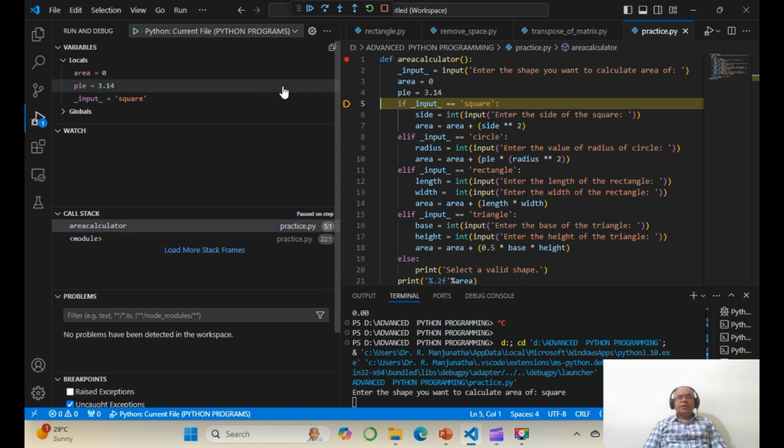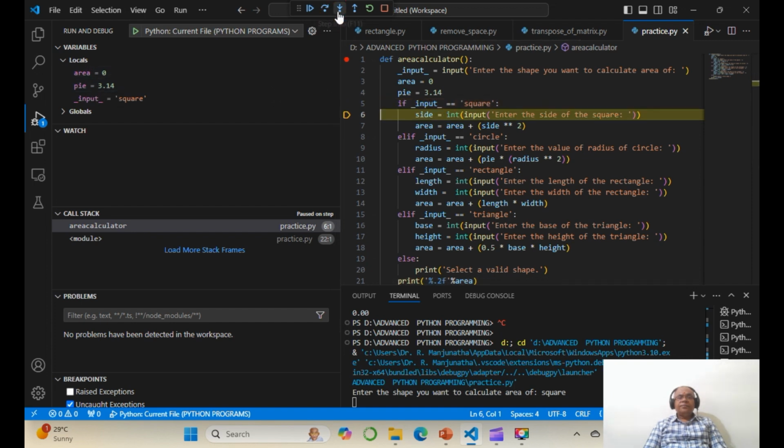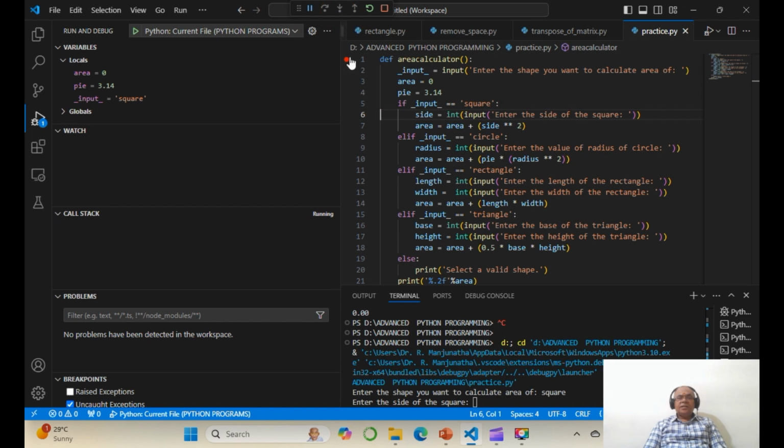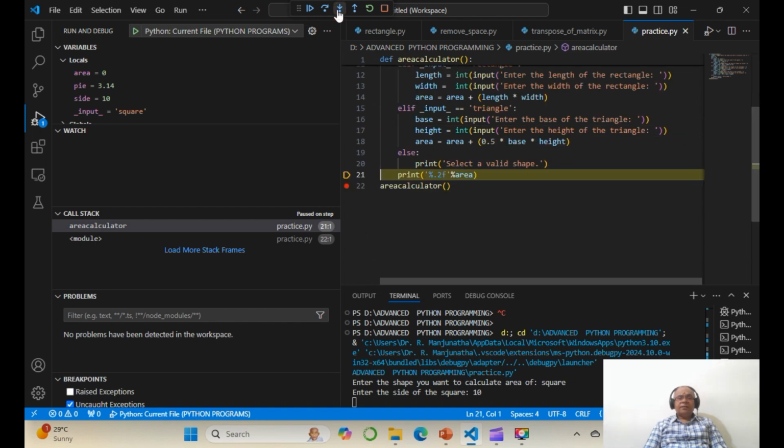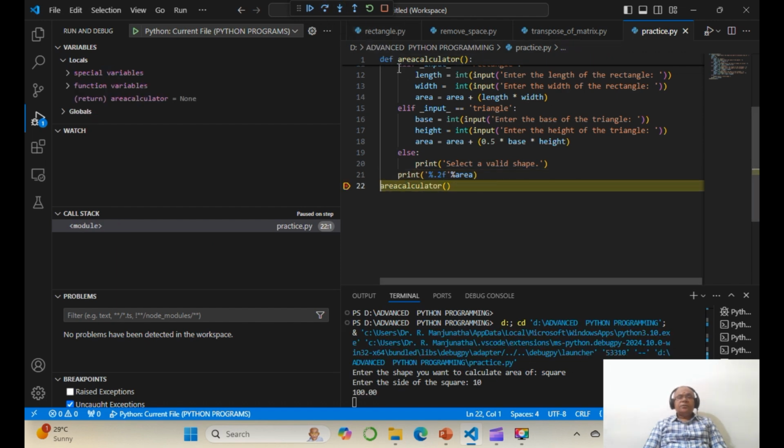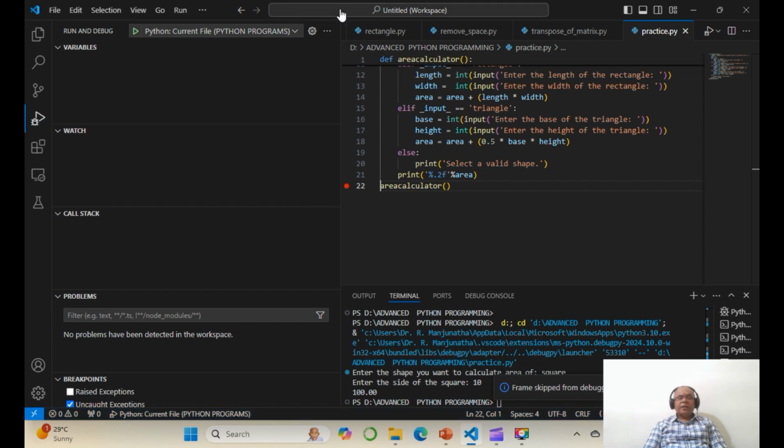Then input, enter the side of the square. Whatever you give, say 10. Area is equal to 100. Once you calculate this, it comes directly to print. So 100. This is how it is going to be executed.